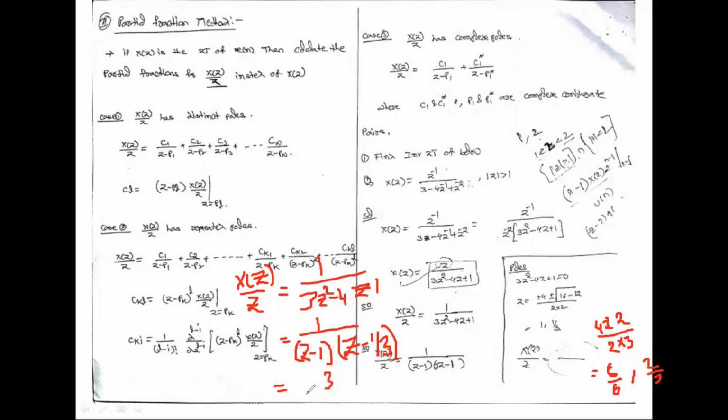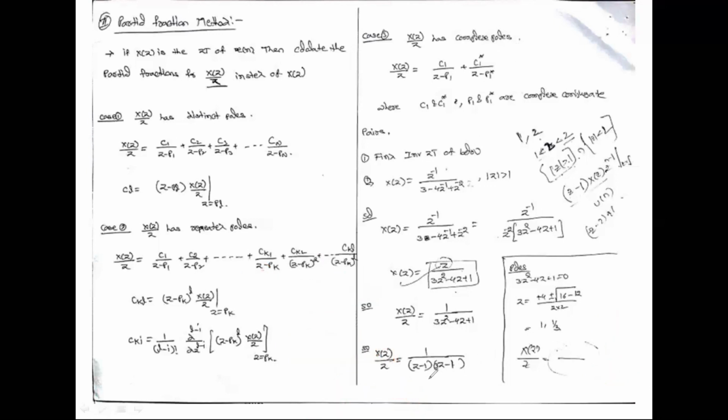We take this as 3 by z minus 1 and 3z minus 1. It is 3z square, and minus z and minus 1. Minus into minus is a plus, and we get 3 as the extra value here. So the two factors you can write as z minus 1 and z minus 1 by 3 only.